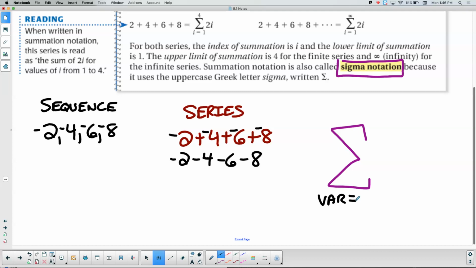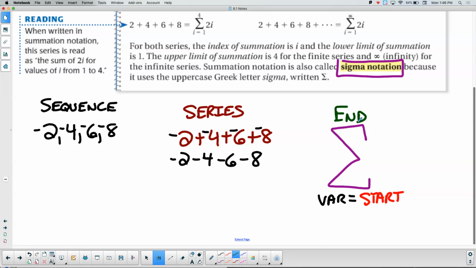If you choose q, your rule would be in terms of q. All right? You're going to have some number that this is equal to down here. That's going to be the starting value that you plug into your rule. You're going to have an ending value up here. You're going to plug in each integer from your start until your end into your rule.